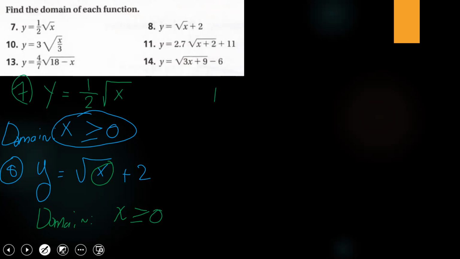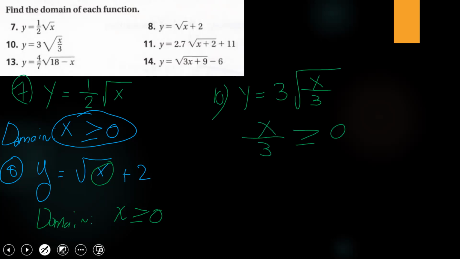Let's solve number 10 now. In number 10 here, y is 3 times the square root of x over 3. Where's the expression under the square root? x over 3. So we put x over 3 greater than or equal to 0. For all square root functions, don't forget to write greater than or equal to 0.